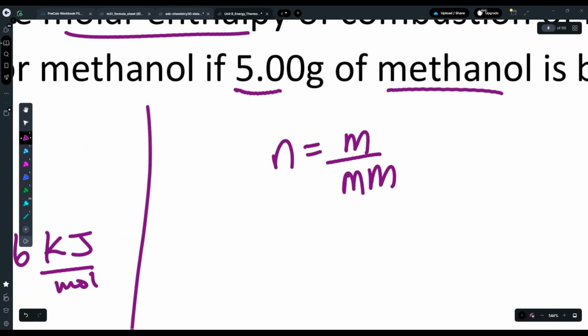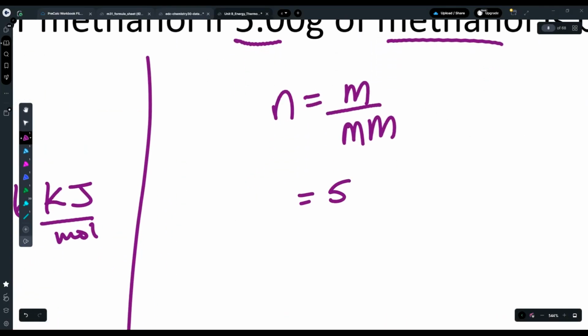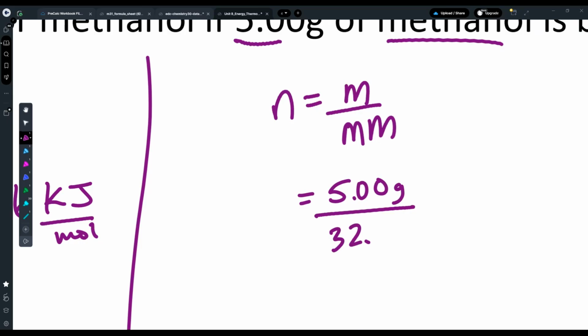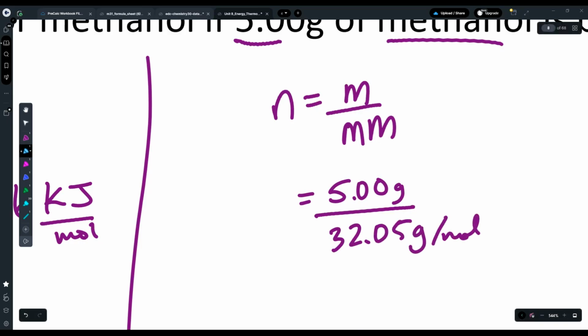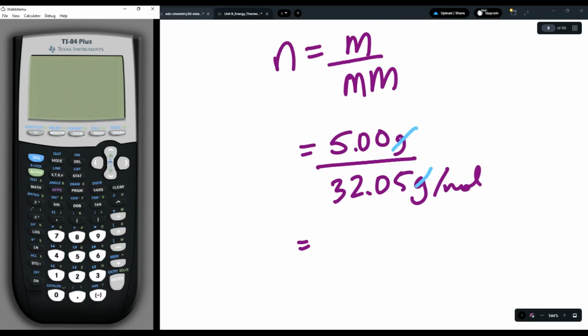I start out with my formula, and then I plug in my numbers: 5 grams divided by 32.05 grams per mole. The grams cancel out, and if I go 5 divided by 32.05, we get that.